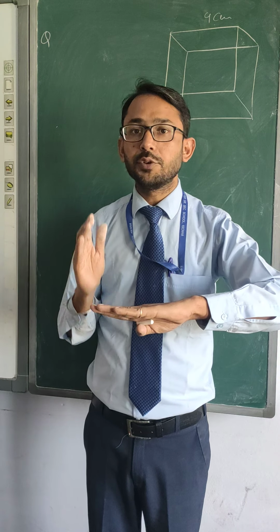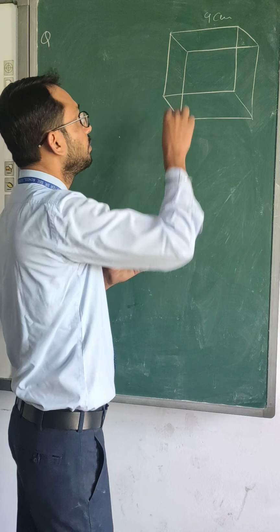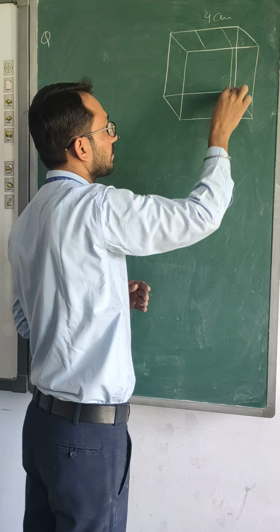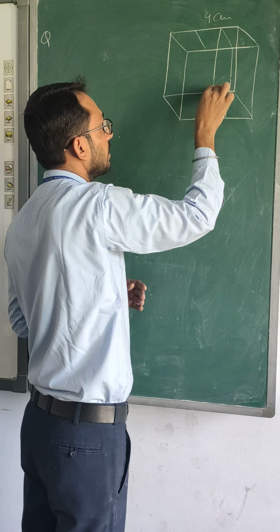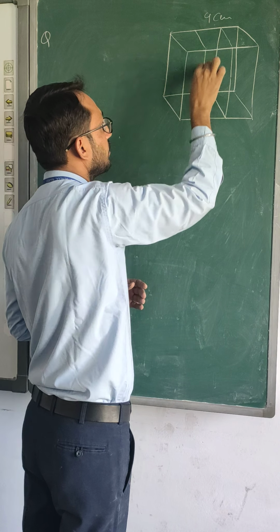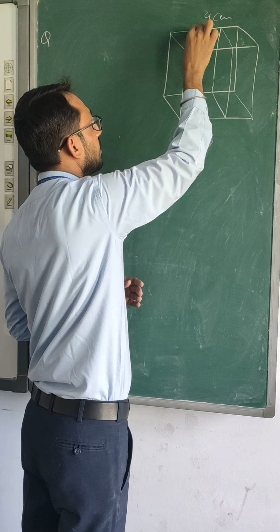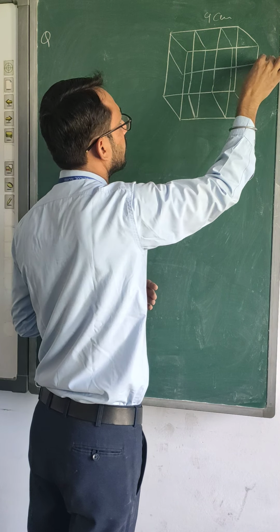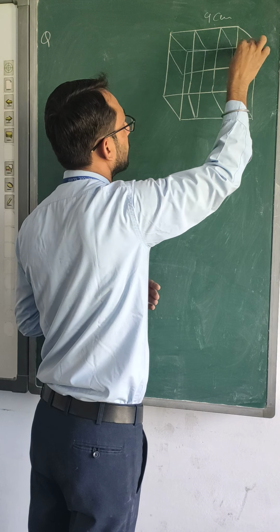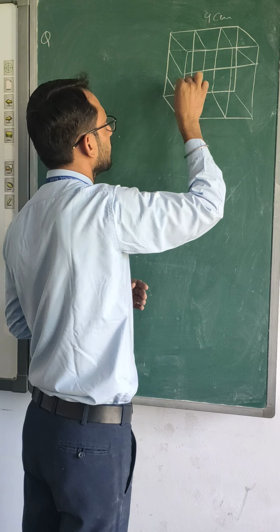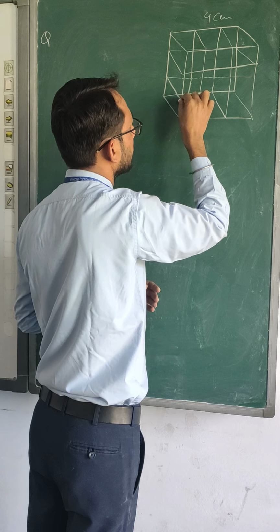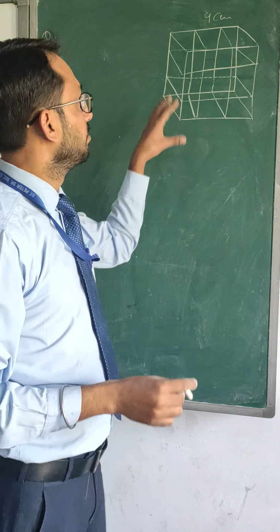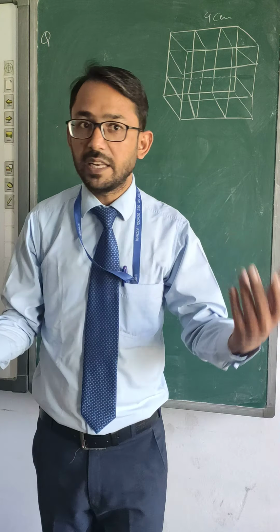So what we are doing is cutting this cube into small cubes of side 3. Likewise, many cubes will be there. So how many will be there?